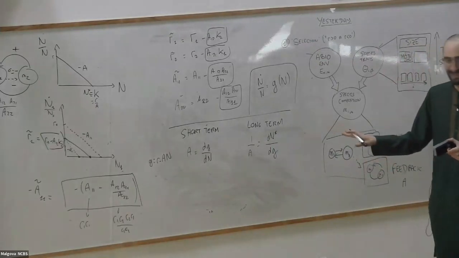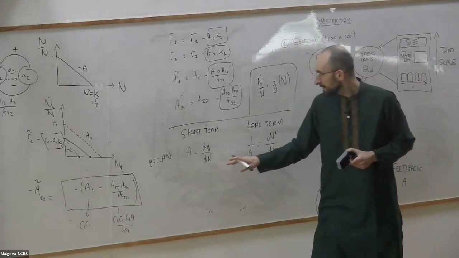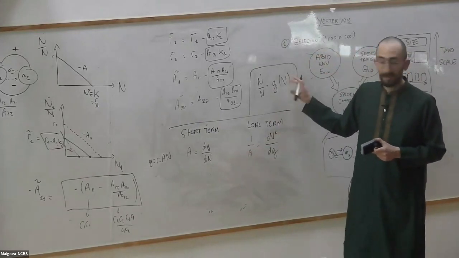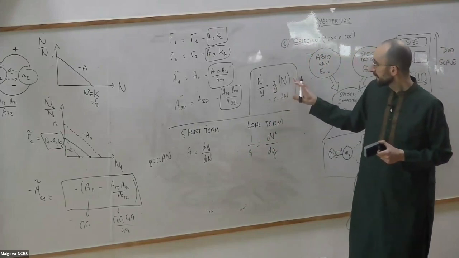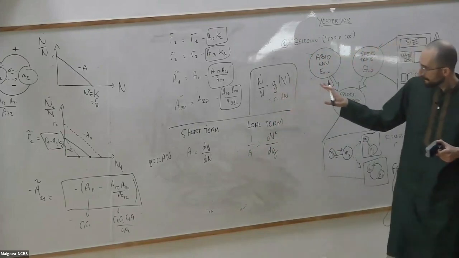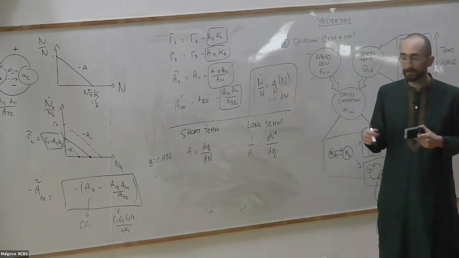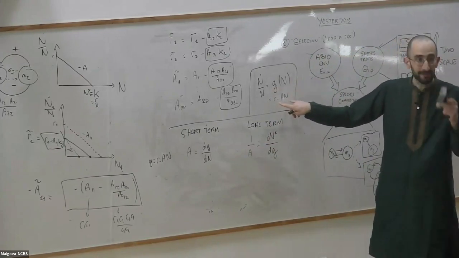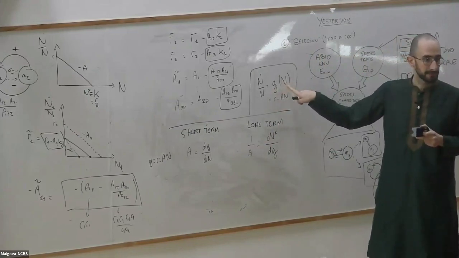Okay, what does that mean? What this means is, when I write a model like this, and I assume the shape of this equation, I'm saying, as a theoretician, I'm assuming how, at a given instance, your growth rate depends on your abundance, right?